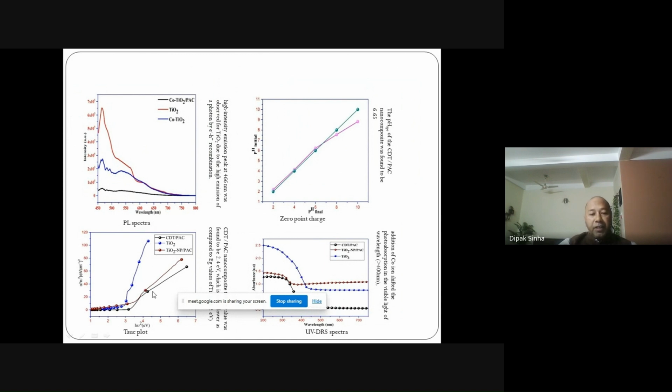If you go for the Tauc plot, you can find the band gap of the composite, and the band gap was shifted from 3.2 electron volt, which is the titanium dioxide band gap, to 2.4 electron volt, which has led us to do the photocatalytic reaction in the visible region. So this is one of the main stories of our work.